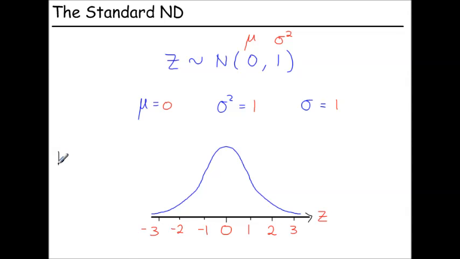Okay, let's say we're trying to work out the probability that z is less than 0.468. So 0.468 is about here.